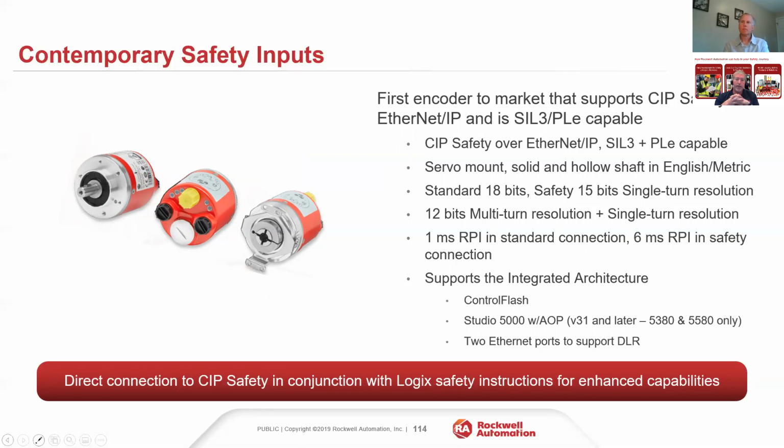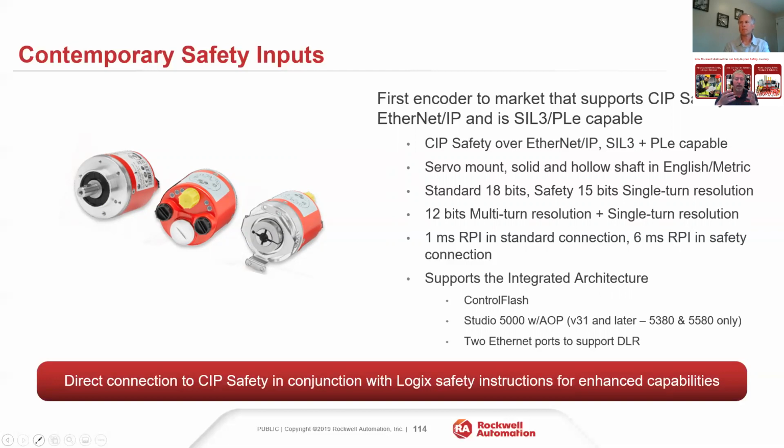So we can utilize this in conjunction with our safety controllers to do many of the same functions, if not all the same functions, that we embed into our safety drives or that we have as standalone safety monitoring type relays, like the MSR 57P for those who may be familiar with our product line there. Because this is a direct connection to CIP safety, and we have everything we would need, right?